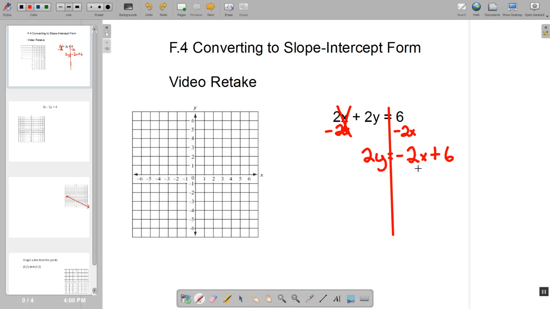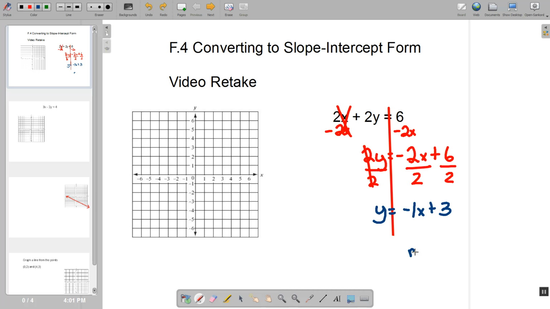Now that we have negative 2x plus 6, we're going to divide every term by positive 2. And once we have every term divided by positive 2, we get y equals negative 1x plus 3.